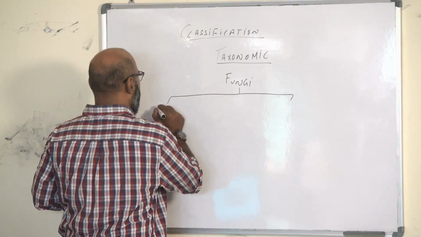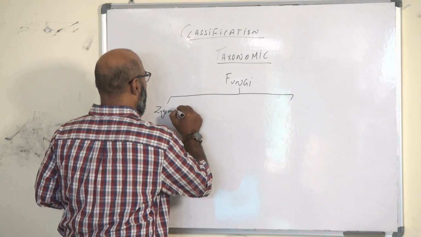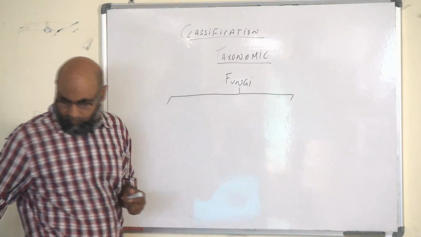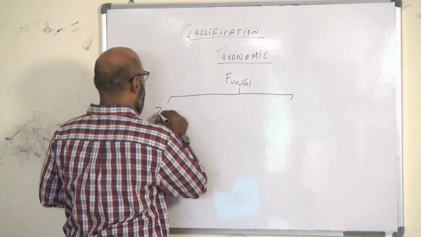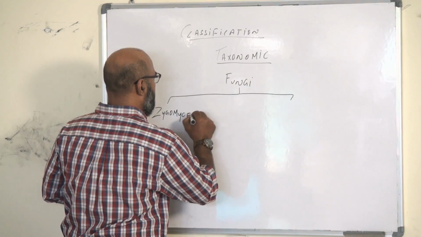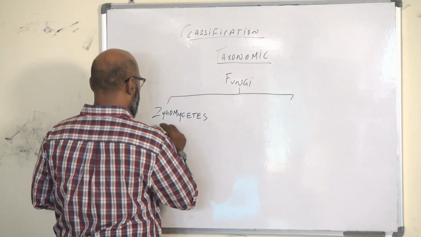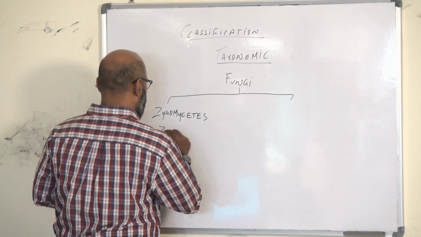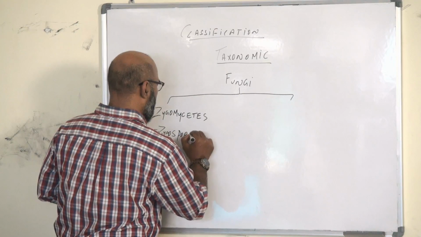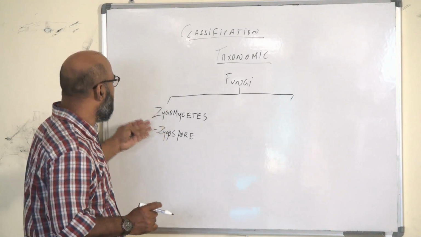So number one is the zygomycetes. Sexual spore is zygospore. Based on this zygospore, the name is zygomycetes.